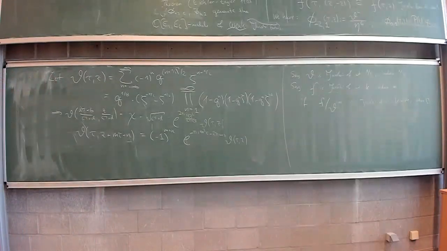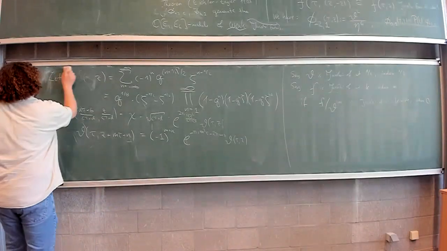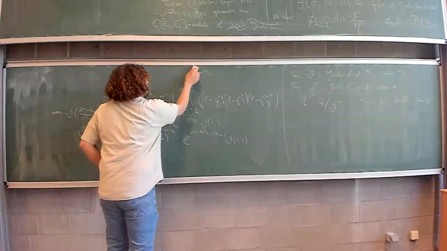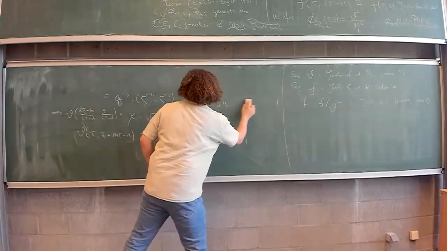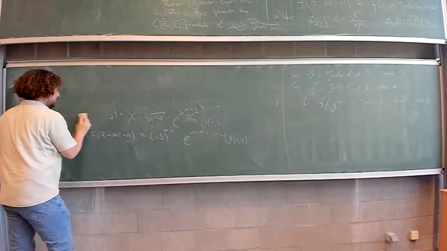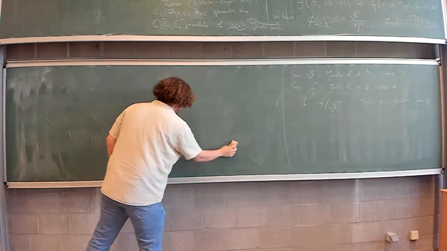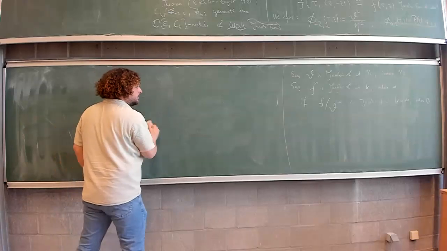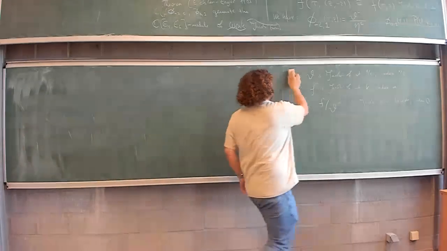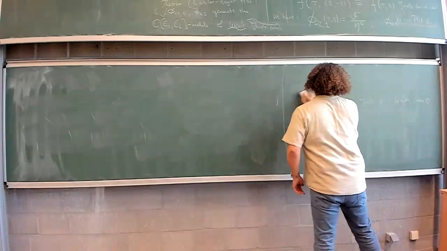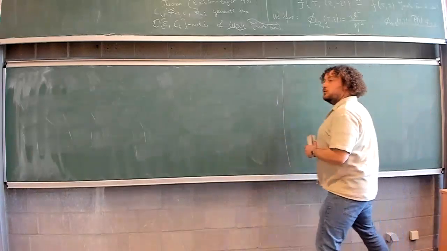But so this was proved, and that essentially describes Jacobi forms of index A1. And we have the following generalization, which is due to Wirthmüller.